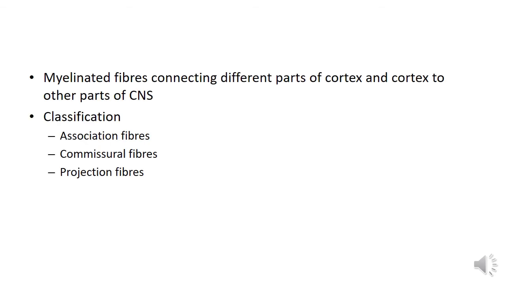As I told you, white matter refers to myelinated fibers or myelinated aggregation of axons connecting different parts of the cortex itself or cortex to other parts of the CNS.